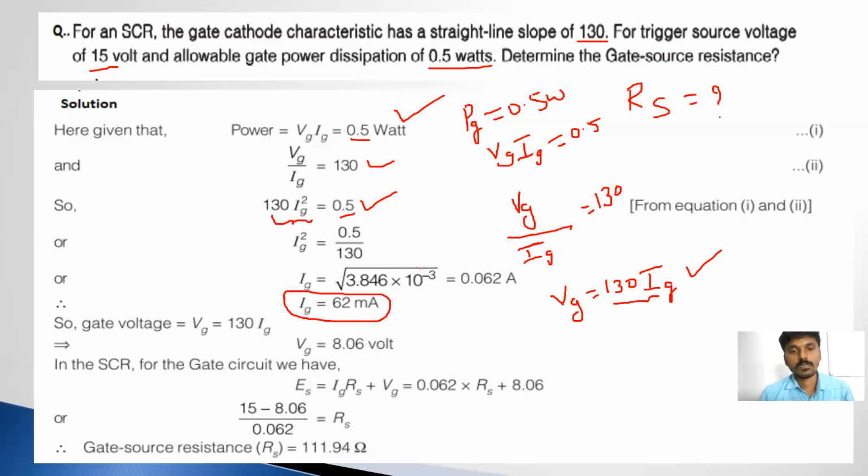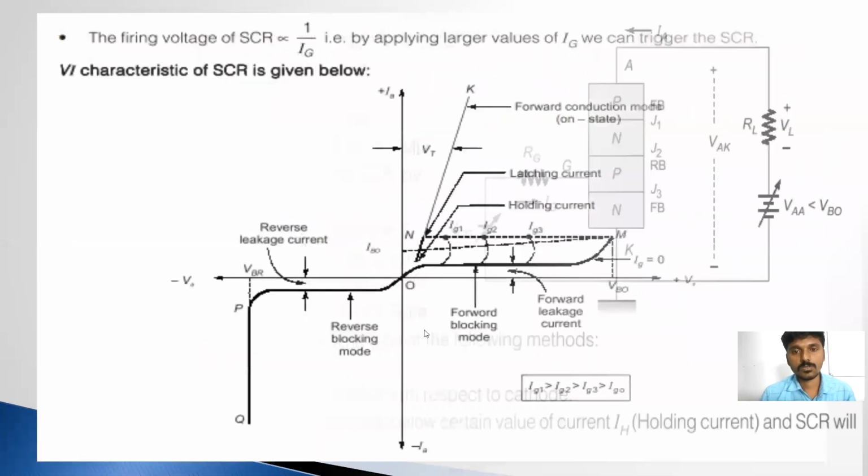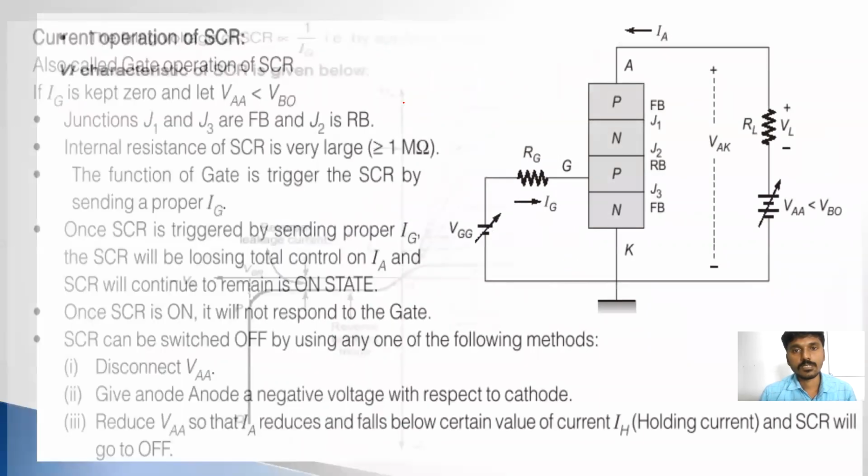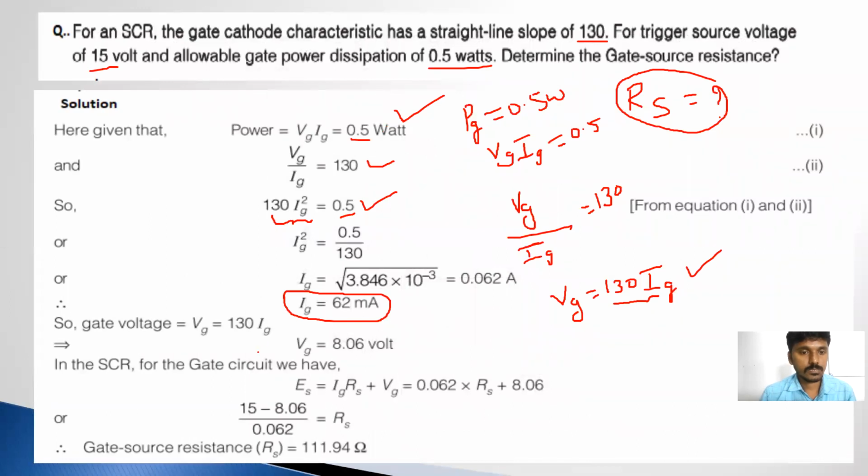But what we need is to find out the resistance. From this circuit we can apply KVL: EG is equal to IG Rs plus VG. EG is nothing but the source voltage, so ES is equal to IG Rs plus VG.